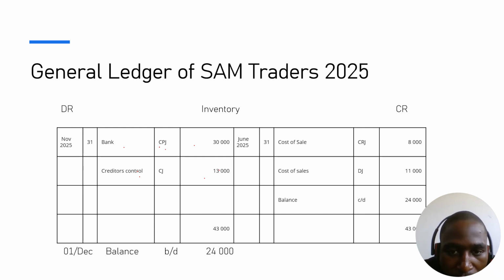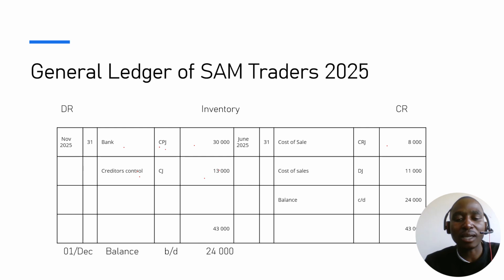And these cost of sales are from the CRJ, and these cost of sales are from the debtors journal, and they are decreasing our inventory since we are selling inventory. This is the inventory that we have sold cash. This is the inventory that we have sold on credit.